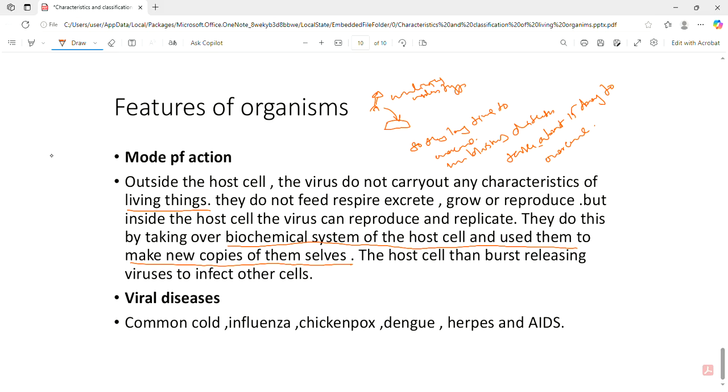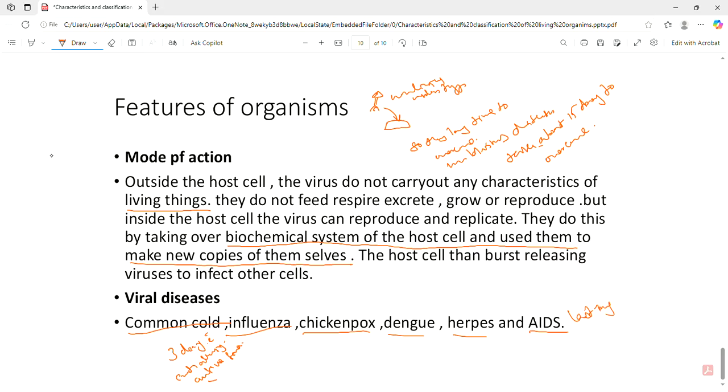Viral diseases like common cold and influenza take about 3 days with anti-allergy and anti-fever drugs. Chickenpox, dengue, herpes, and AIDS: AIDS lasts long.